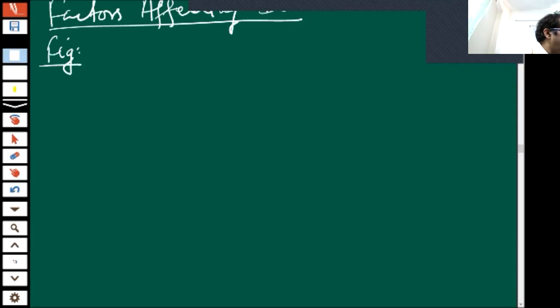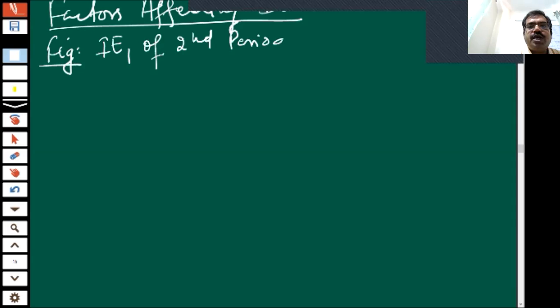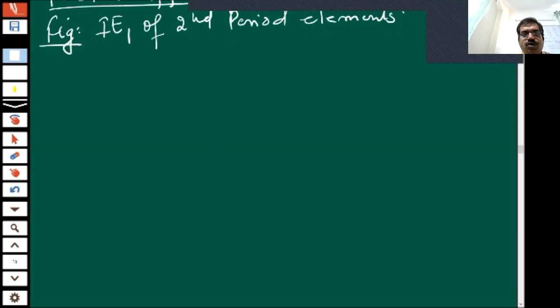That graph is showing IE1, the first ionization energies of second period elements. Okay, children, so we are going to prepare a graph. And the values I am taking from the NCERT book.